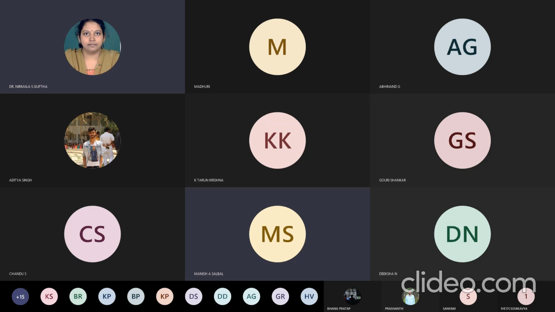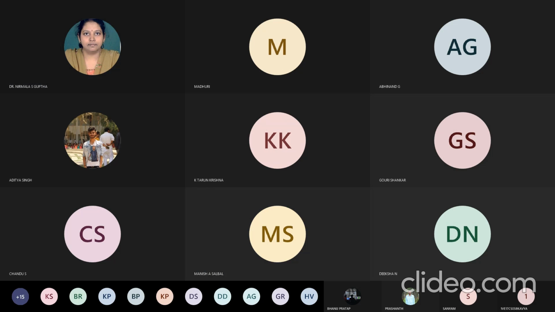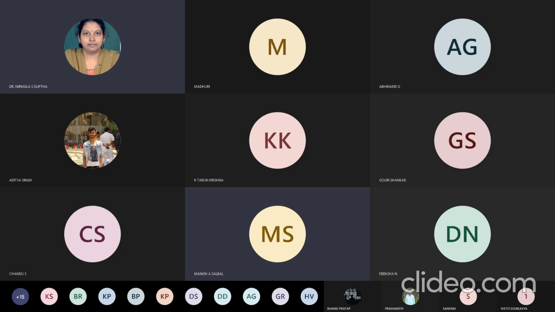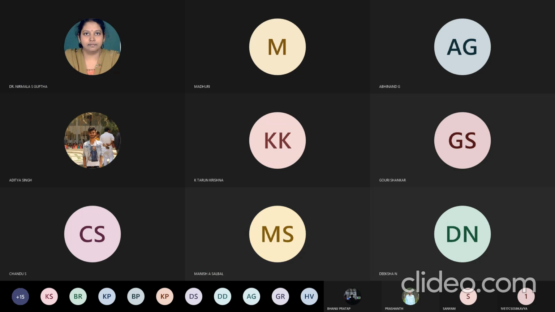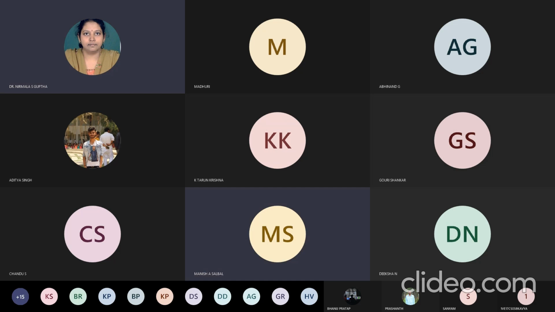Okay. Now we are going to learn about the k-means algorithm for clustering. Now we are entering into a specific algorithm.